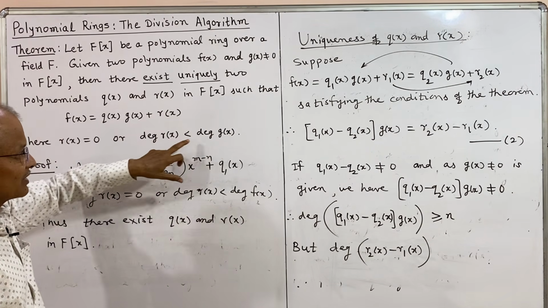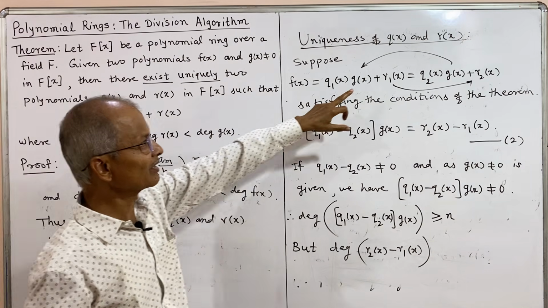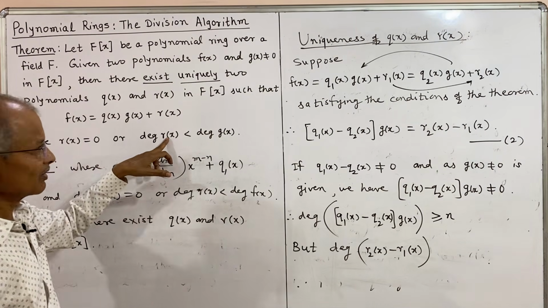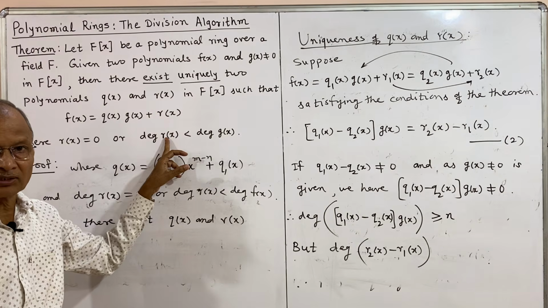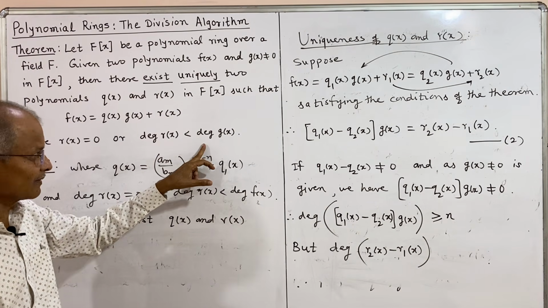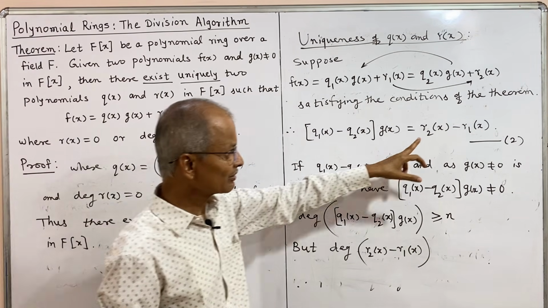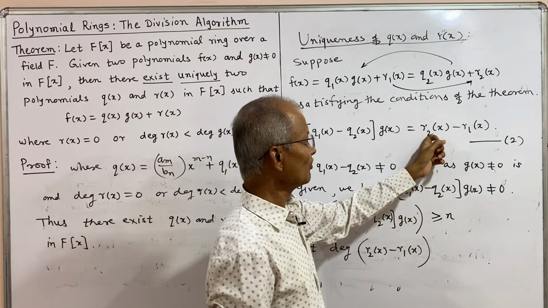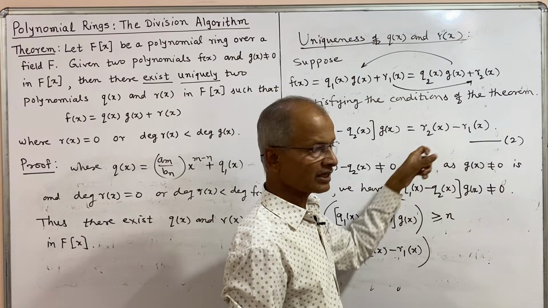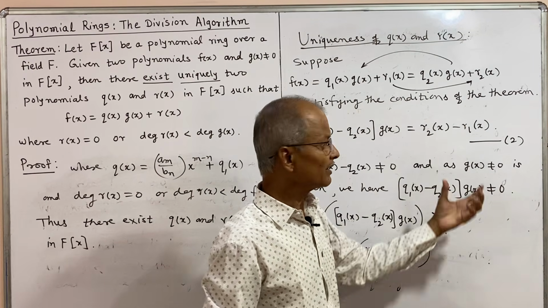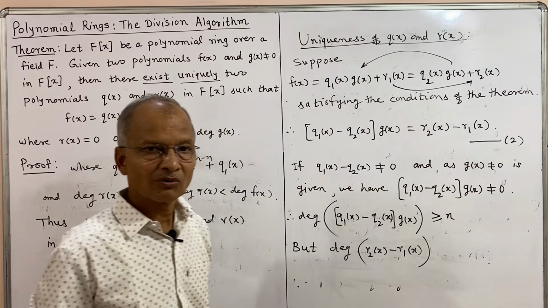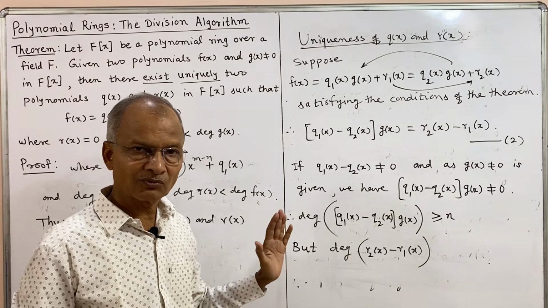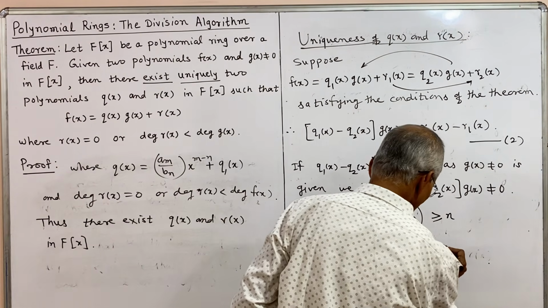Degree of r1 of x is less than degree of g, it satisfies the condition of the theorem. So degree of r1 of x is less than degree of g, that is n. Degree of r2 of x is also less than n. Means degree of both these polynomials is strictly less than n. And therefore the degree of their difference will also be strictly less than n.